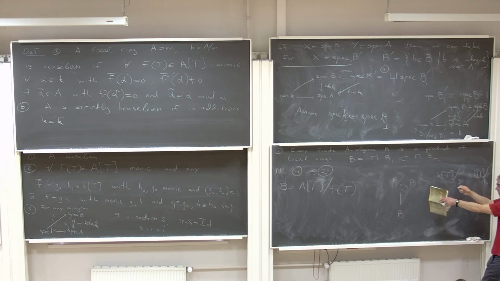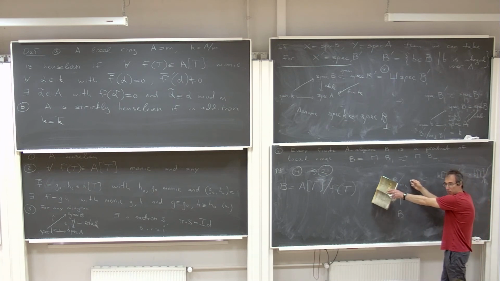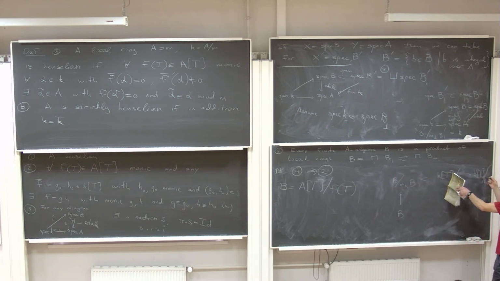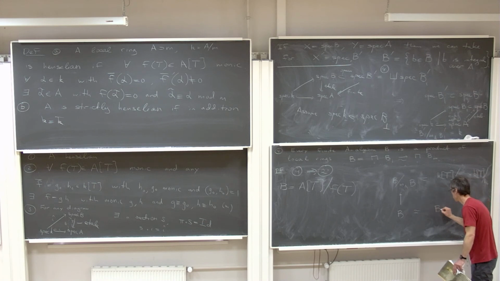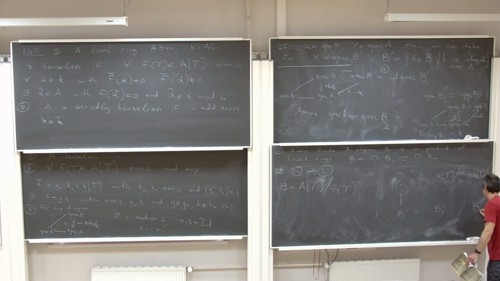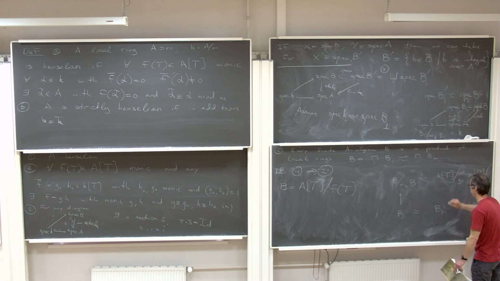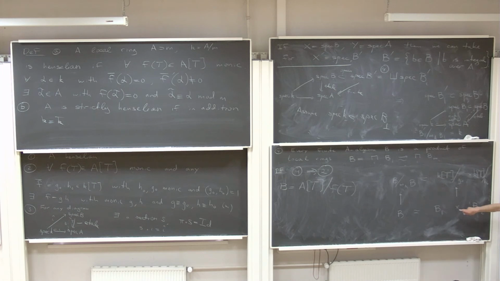So it means that I write the spectrum as a union of two, well, not necessarily connected components, but two disjoint open closed subsets. So this gives me a factorization of this B: B1, B2, that's unique, such that this reduces to this and this reduces to this.